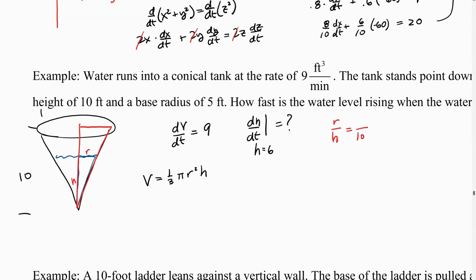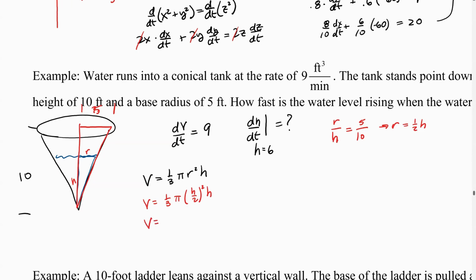And I can see here, I got this mixed up. This is a base radius, so this is 5 going here. So in other words, R is equal to 1/2 H, meaning I can go back to here, and every place I see an R, I can replace it with H over 2.